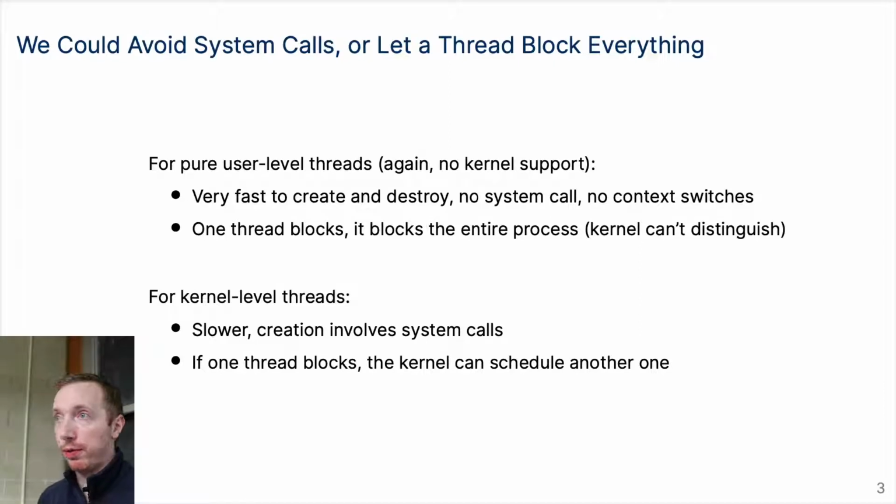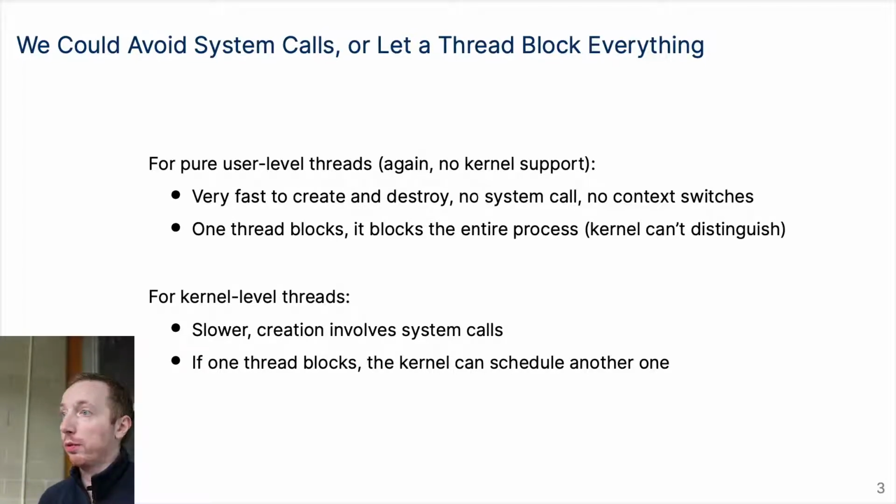So for pure user level threads, you don't have to do any system calls. So they're going to be very fast to create and destroy, and there's no context switches that happen within the kernel. You, of course, have to do your own context switching, which again is Lab 2. But the drawback is that according to the kernel, your process only has one thread.